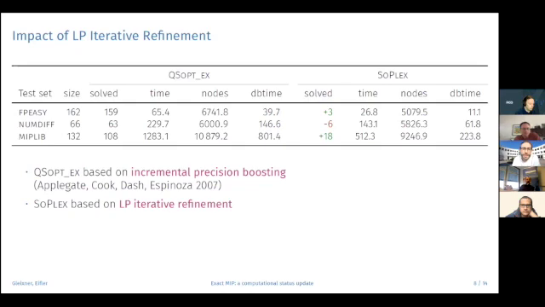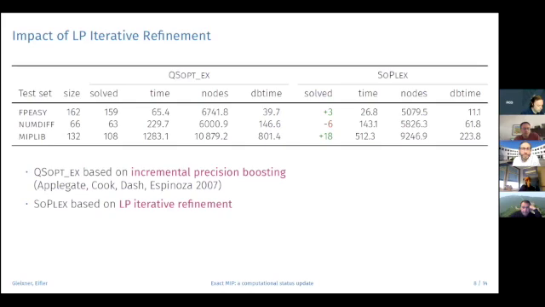And this is actually quite interesting and also not so surprising. So QSOPT-X might be a bit slower, but actually it is numerically more robust because it can increase the precision of the floating point solver that it uses. While Soplex in its current implementation is completely reliant on the fact that the double precision floating points works.